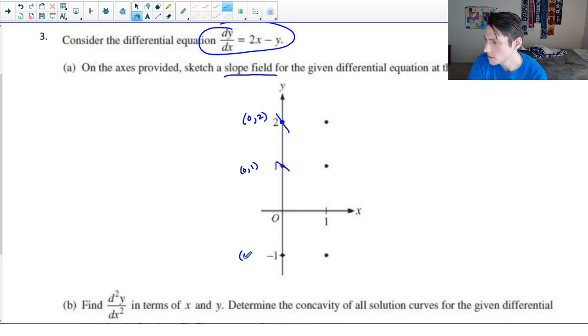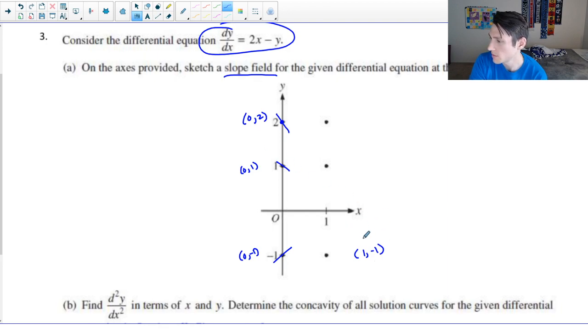Let's come down here, (0, negative 1). So 2 times 0 is 0, minus negative 1, which makes a slope of positive 1. So kind of the same angle as up here, but going in the opposite direction now because it's a positive slope. Moving over, (1, negative 1).